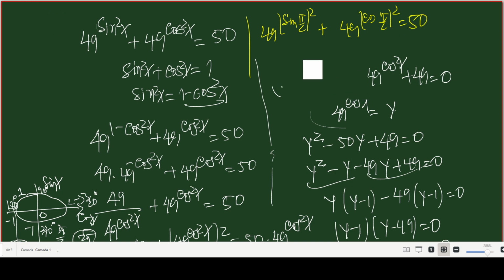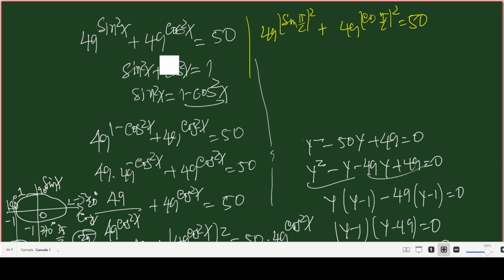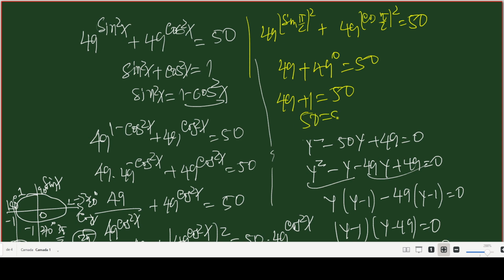Sine of pi over 2, which is 90 degrees, is 1, squared is 1, so we have 49. Then cos of pi over 2 is 0, squared is 0, so we get 49 to the 0, which is 1. We have 49 plus 1 equals 50, so 50 is equal to 50.